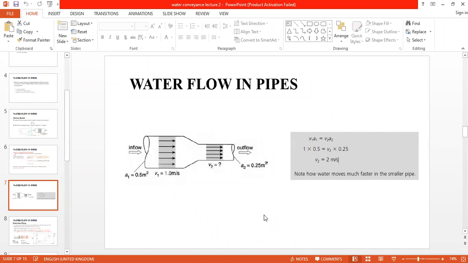The main objective of this lecture is for us to know a specific diameter to use. So we need to select the right diameter of the pipe.